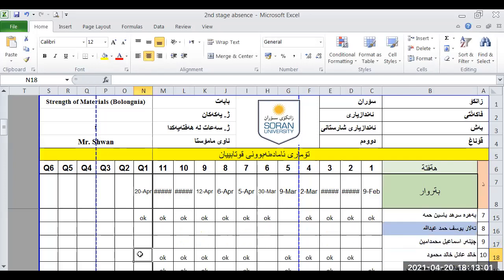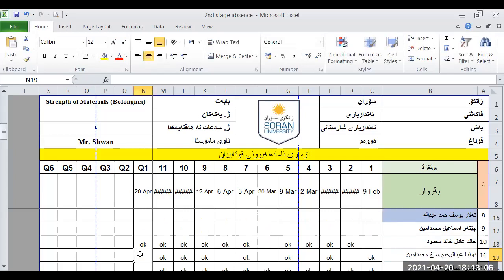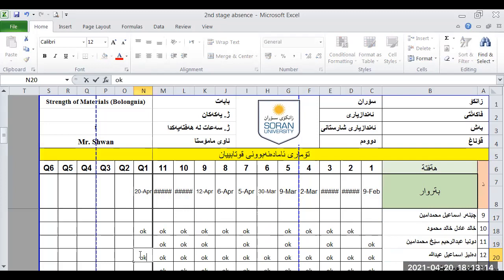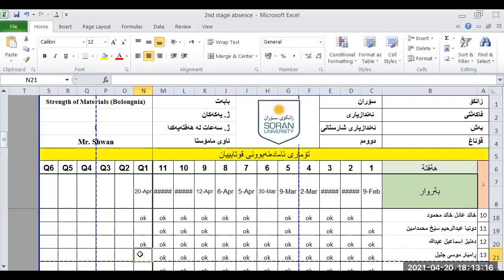Khalid, بله. Dunya, Deniz, بله. Ramia, بله. Reba, بله. Zaim, بله.